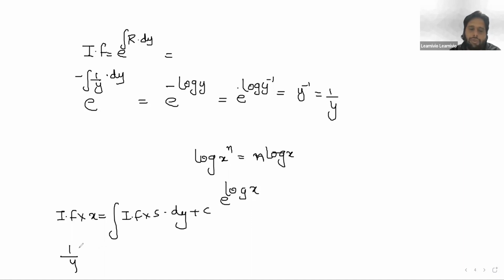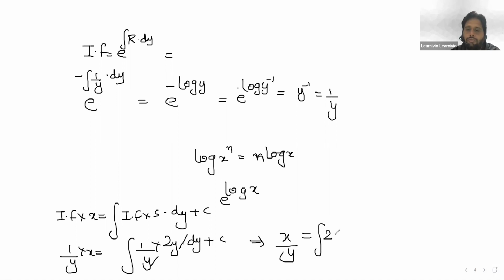So 1 by y into x equals integral of 1 by y into s, and s is 2y, into dy plus c. So this y will get cancelled out. You will get x by y is equal to integral 2 dy plus c. Write 2 here, integral 1 dy plus c, integral of 1 is y, so 2y plus c.